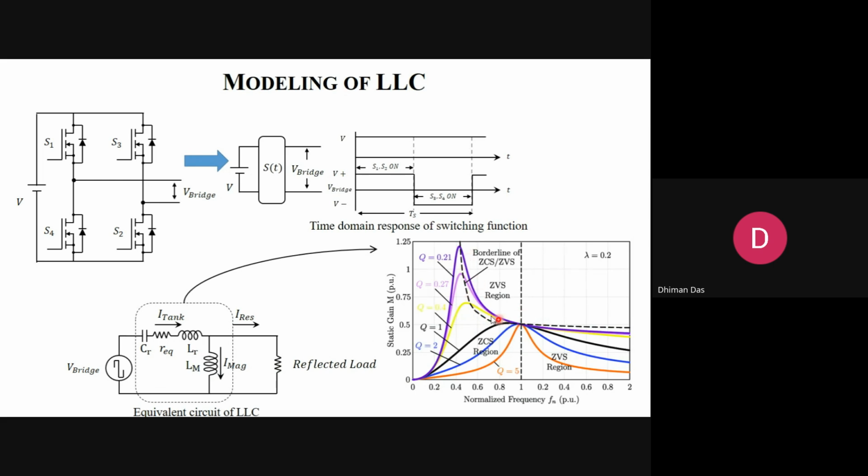But with the boost action at the low frequency side, there is one possibility that you can cross into the other region, which is the capacitive region of the network. When you cross into the capacitive region, then you will lose the ZVS. Then when you lose the ZVS, your switching loss is going to increase.